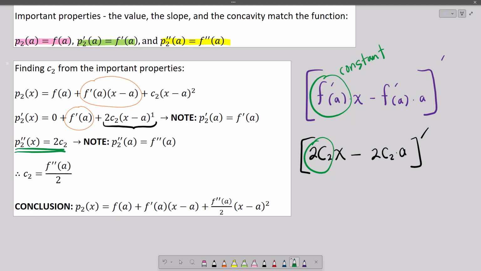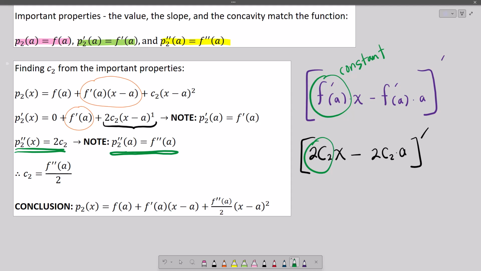And we're forcing this to be true, so the second derivatives have to match, the concavity has to match. Well, the second derivative is a constant. So if you plug in a, you get 2c2. So that tells us that these things are now matching. We are forcing that to be a condition that we are going to impose on this polynomial. So that extra term that we add will allow us to conclude that. Because if we take the second derivative of p sub 2, we get a constant.